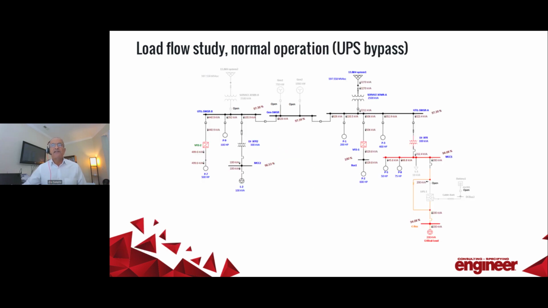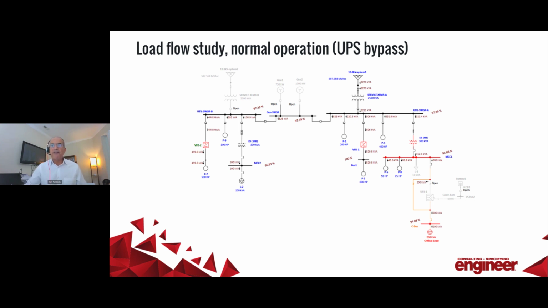Now, let's look at the next configuration, which is the bypass, and I really want to emphasize it. Sometimes in the worst-case scenario, either in this case, load flow, or later on in the short circuit, you will see the bypass, if that's possible. Some UPS systems may not have a bypass, or most likely that's not the case, but let's assume they say, okay, we're never going to use the bypass.